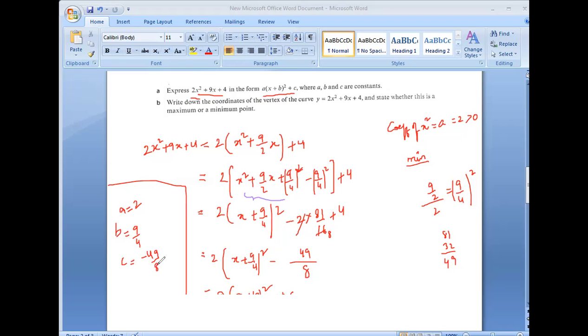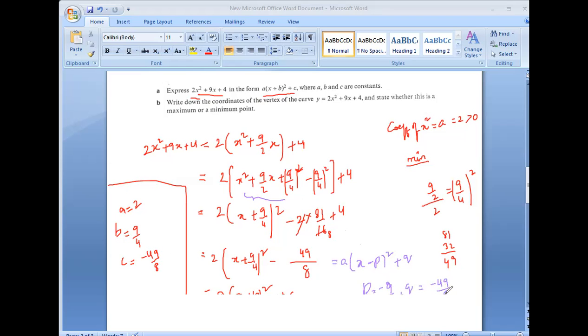Now we need to find the vertex over here. How will you find the vertex? p comma q, as I just told you. If it is in the form a into (x minus p) whole square plus q, here it is in the form of (x plus 9 by 4), whereas p is equal to minus 9 by 4, and q will be minus 49 by 8.